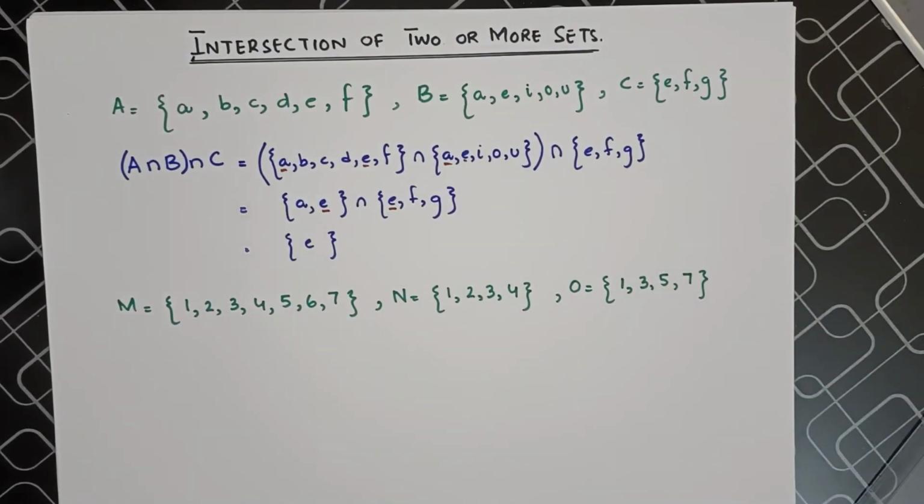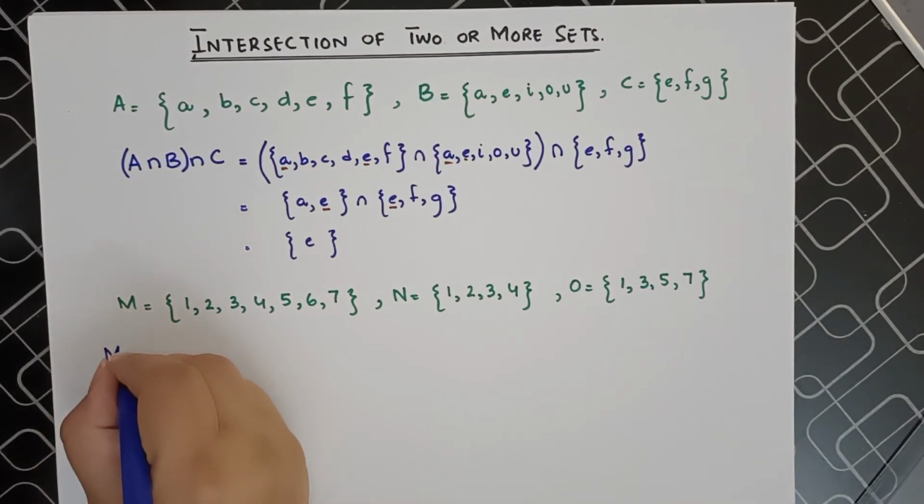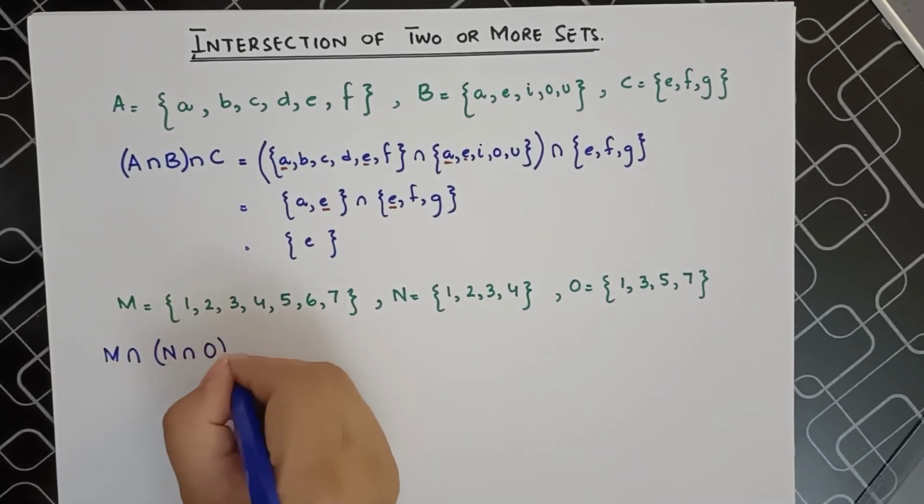Now we are here to find out M intersection, N intersection O.